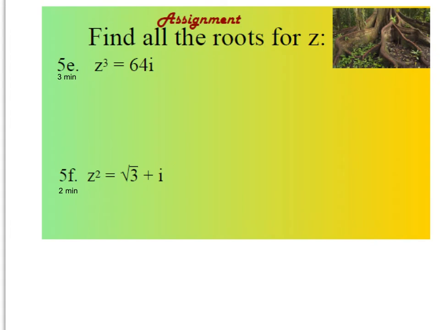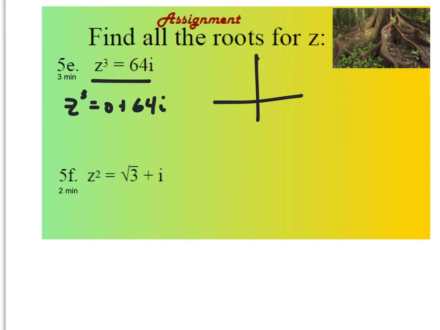I think I'd like to do one of these two. How about if I do, let's see here. Let's do number 5e. Okay, so this right here, 64i, written in complex form, would be 0 plus 64i, right, which would be right here on the imaginary axis.